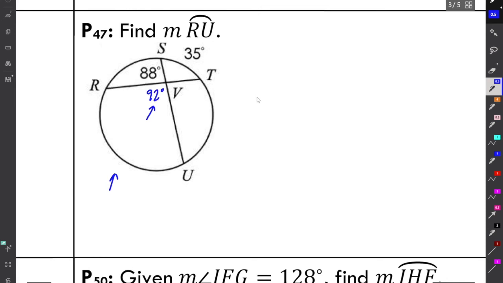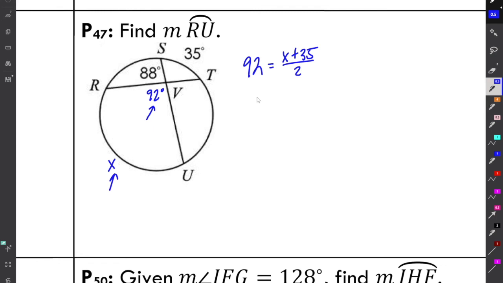All right, so now I know that that angle will be equal to half of the sum of its two intercepted arcs. So if we call this x, 92 equals x plus 35 over 2. That's the same as 1/2 of the sum of those two, right?